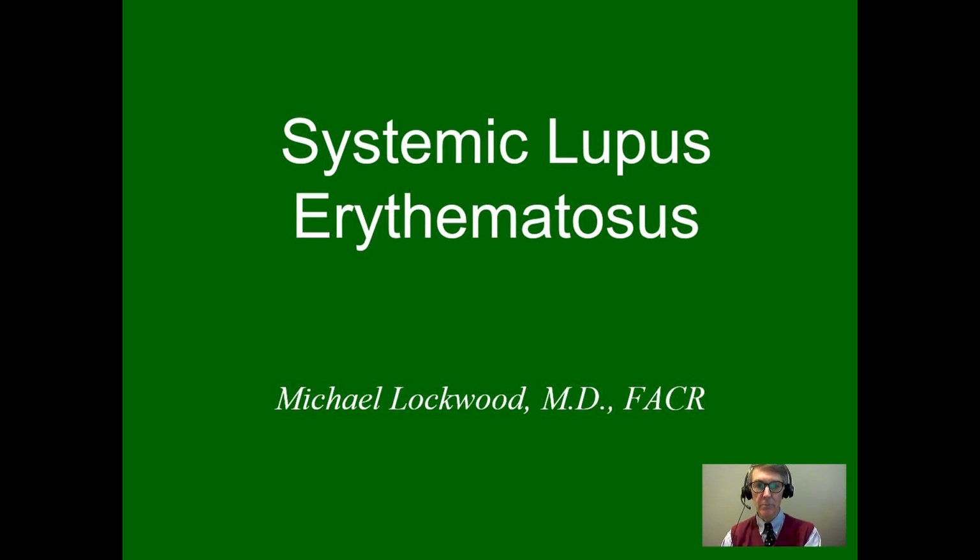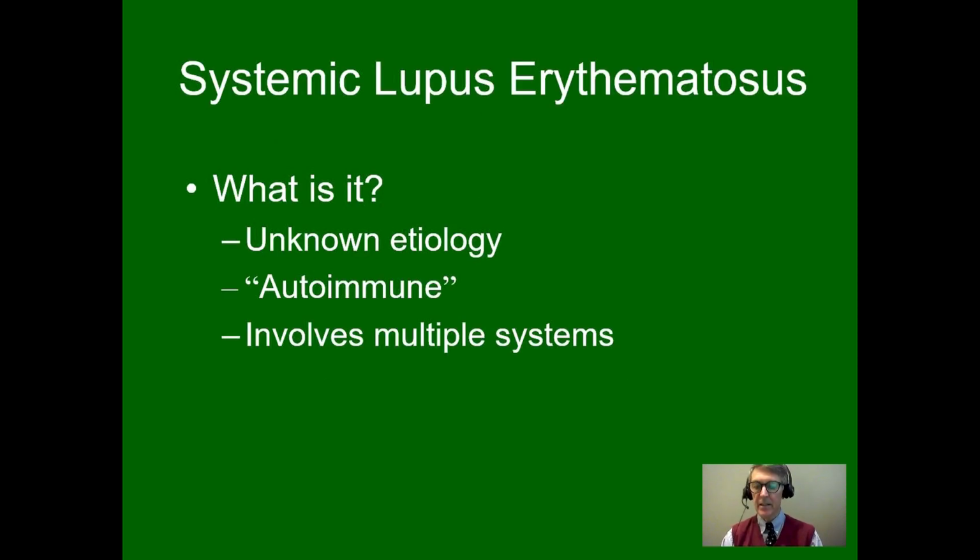So what is lupus? Basically, it's a chronic inflammatory disease whose cause is not known, that can affect the skin, joints, kidneys, lungs, the nervous system, the serous membranes, and other organs of the body. Patients with lupus develop distinct immunologic abnormalities, especially anti-nuclear antibodies.